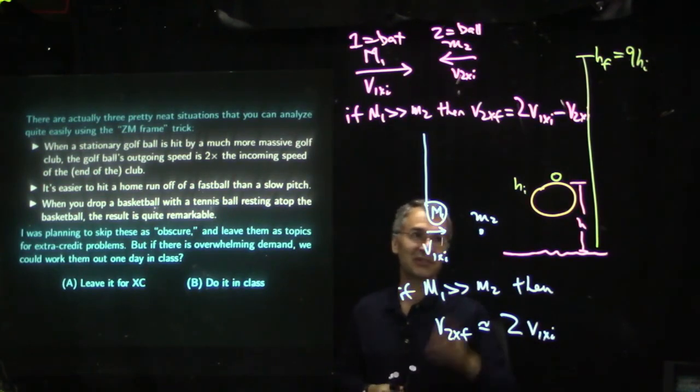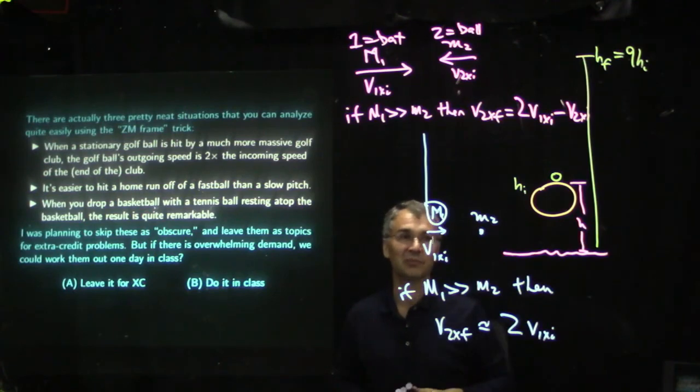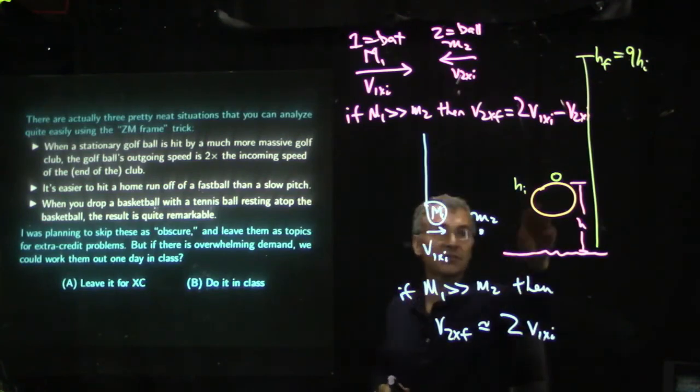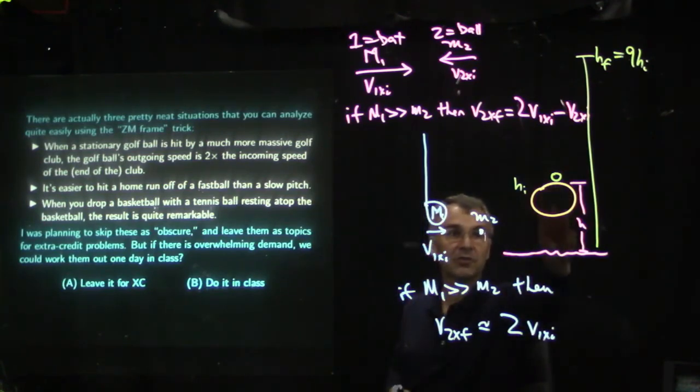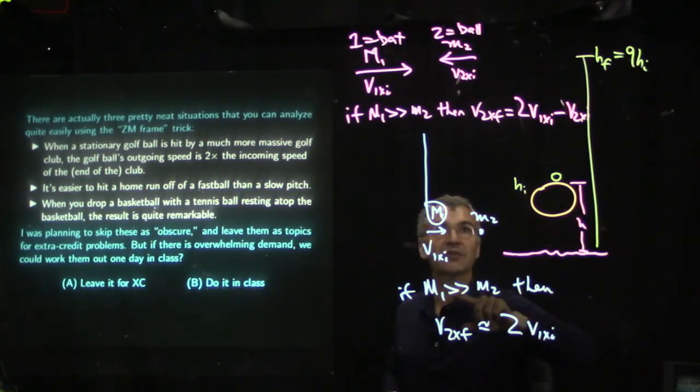Okay, so it's actually really fun to see just how far the tennis ball flies off the top of the basketball if you drop them just touching each other. And the way you end up modeling this is you say first the basketball bounces elastically off the ground, and then the tennis ball bounces elastically off the basketball.